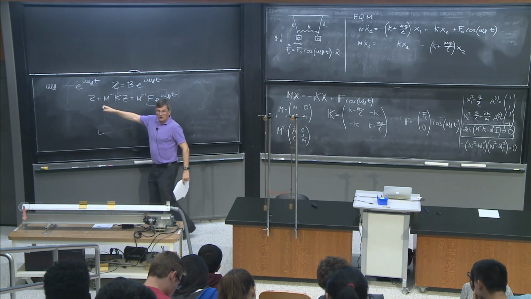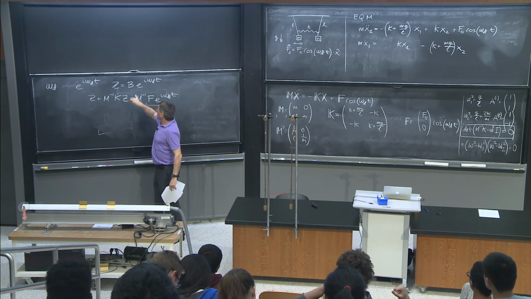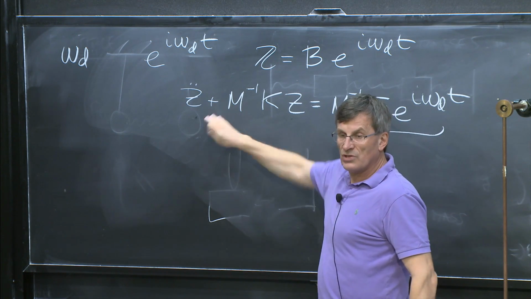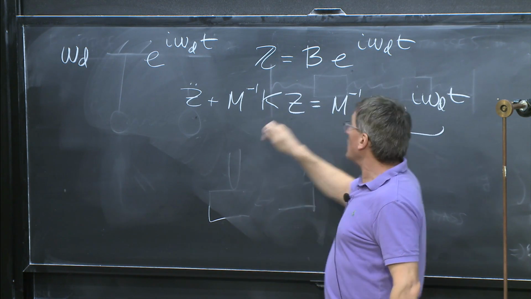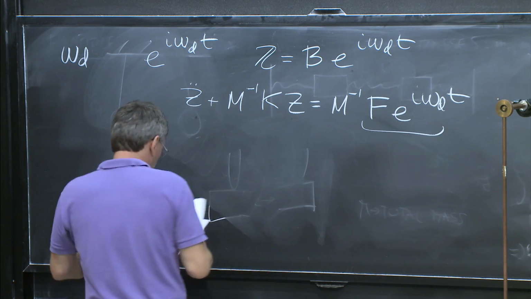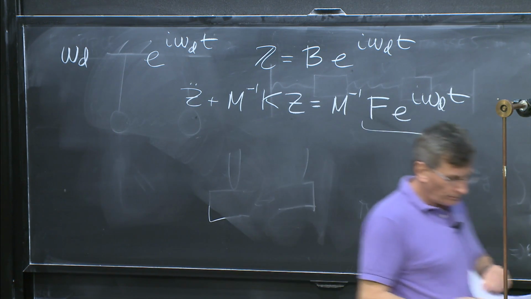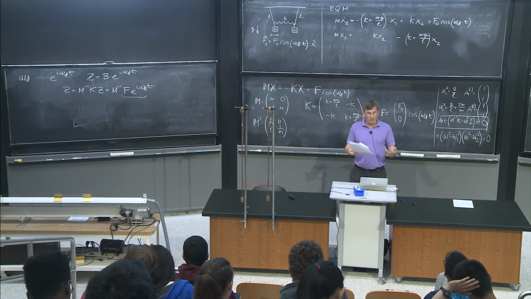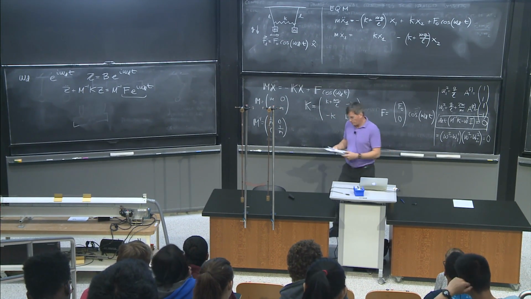This is what we would like to have. And we assume that all the elements in the system, position and acceleration, oscillate at the same frequency omega d. If you do that, the equations become somewhat simpler because the oscillating term drops out.